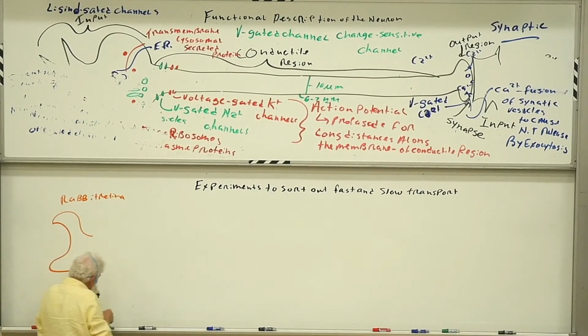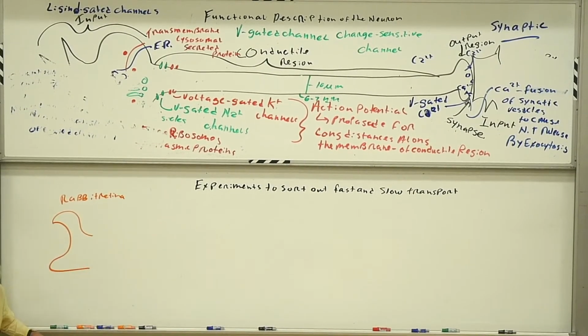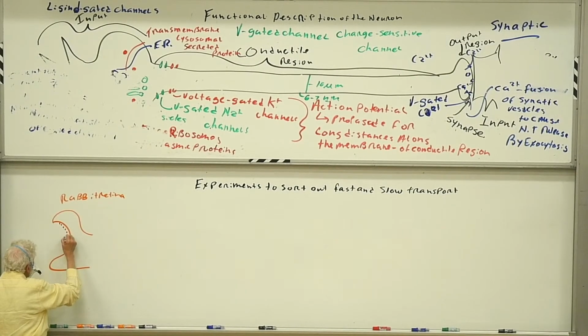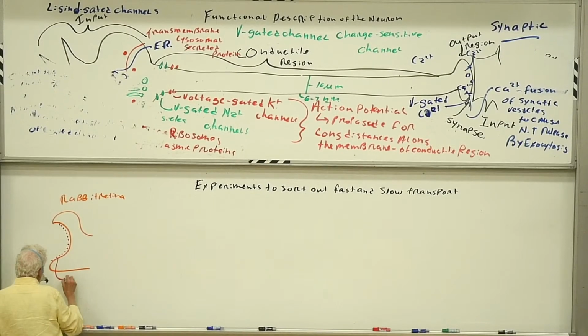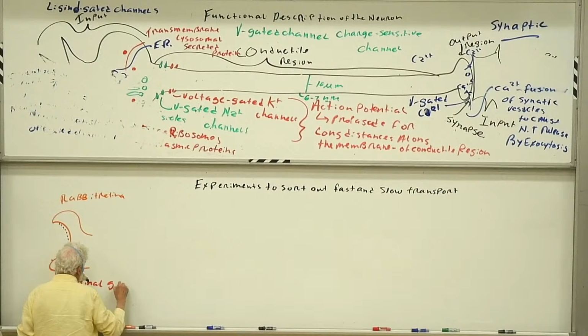Now, we can't get too much in detail of rabbit retinas, but rabbit retinas are this conglomeration of neurons. But there's one set of neurons that line up, and I'm going to show them as a series of dots in the retina. And these neurons are known as retinal ganglion cells.